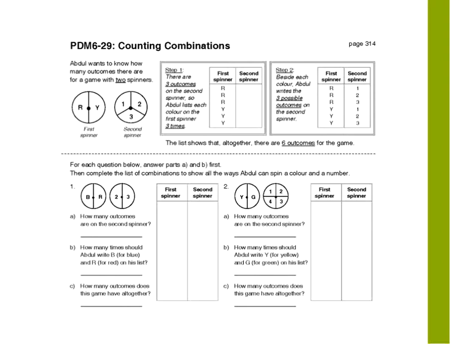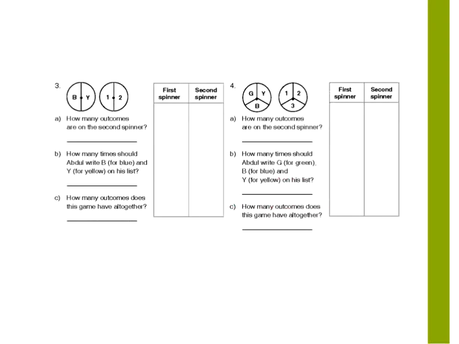You'll notice in the first question here, we only asked them how many times they would write the letter B, for instance, or the letter R. They have to think about how many possibilities on the first and on the second spinner, and here, because there's 4 possibilities on the second, they would write R, and they would write Y 4 times. So we immediately get them thinking about what their charts would look like.